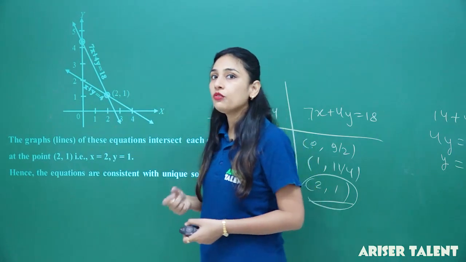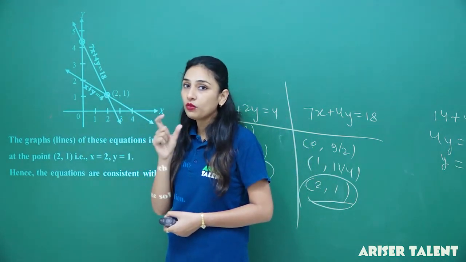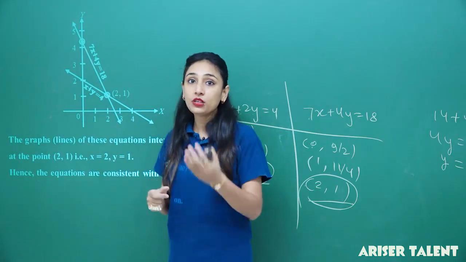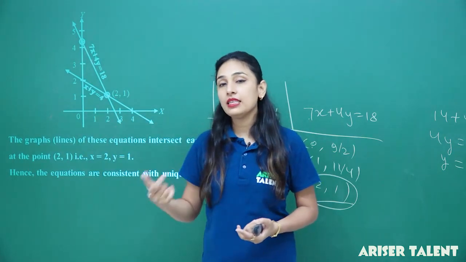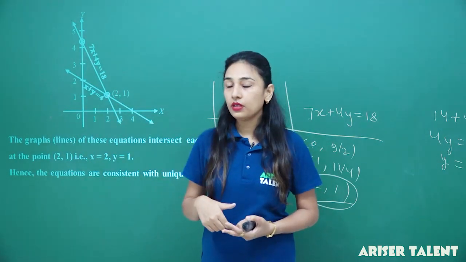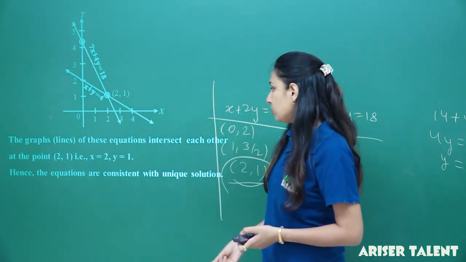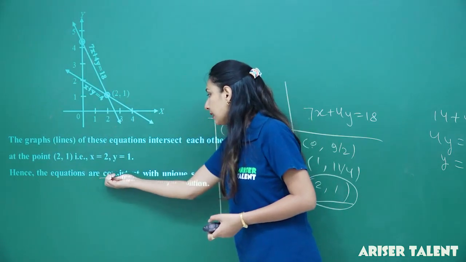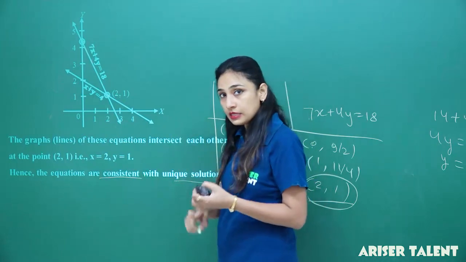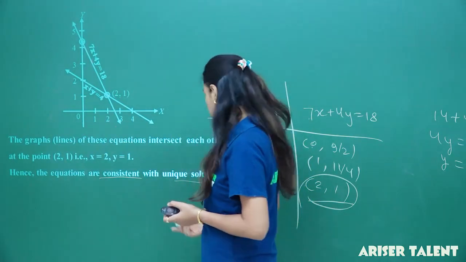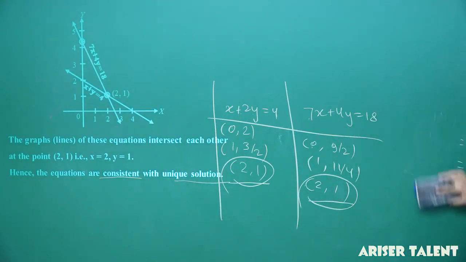If we are getting the common values of x and y for a particular value, we will be getting this intersection point. So this will be the equation which is consistent with a unique solution. Okay, students, so note this so that we can move forward.